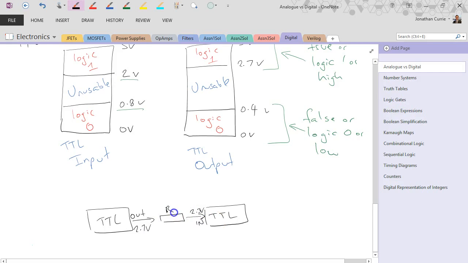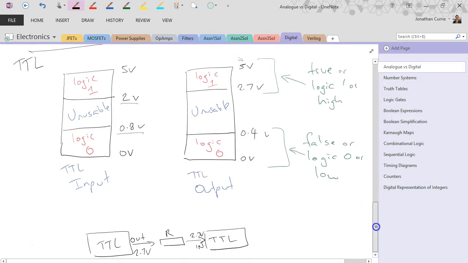Okay, because of this small resistance in the connection pathway. Alright, if it used the same voltage, 2.7 going out, and expected 2.7, that would be in the unusable region. But because the input is a little bit more relaxed, 2.3 is greater than 2, so it's equal to a logic 1.